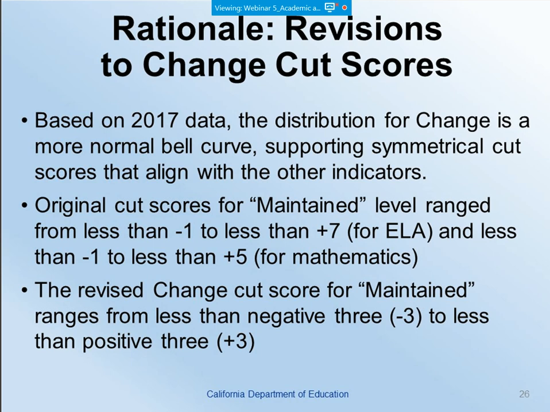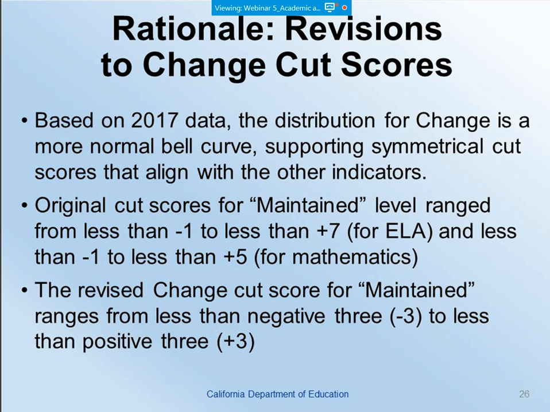So looking at the rationale for revisions to the change cut scores, the original cut scores for change range from less than -1 to less than +7 for ELA, and less than -1 to less than +5 for math.